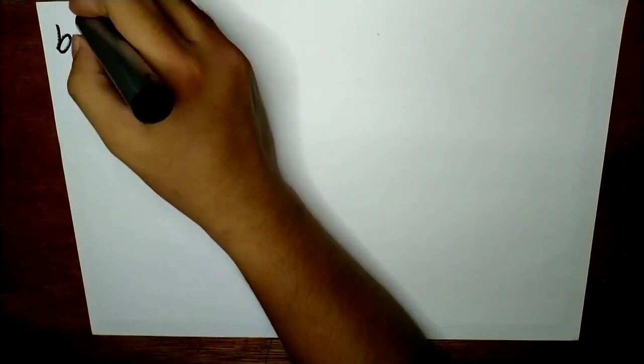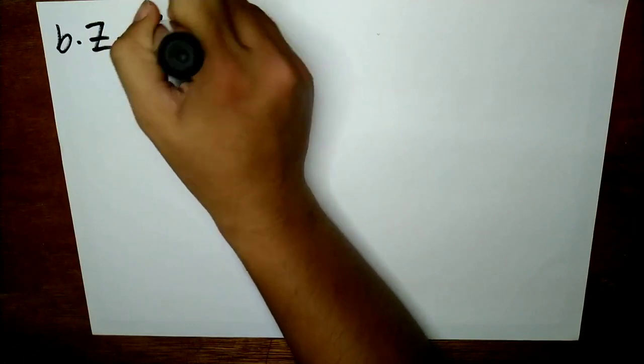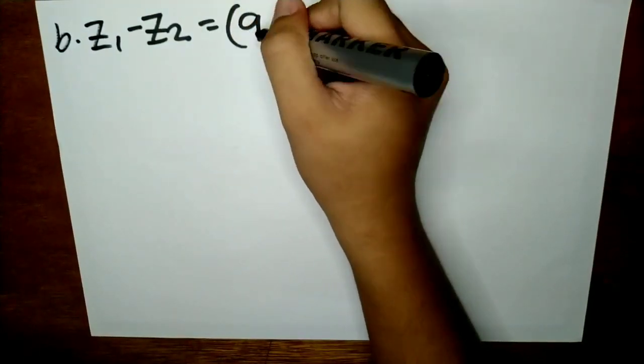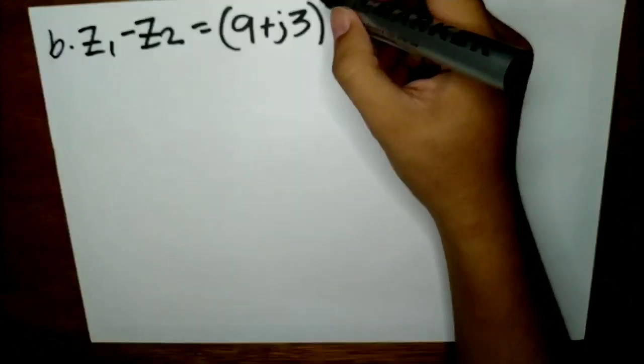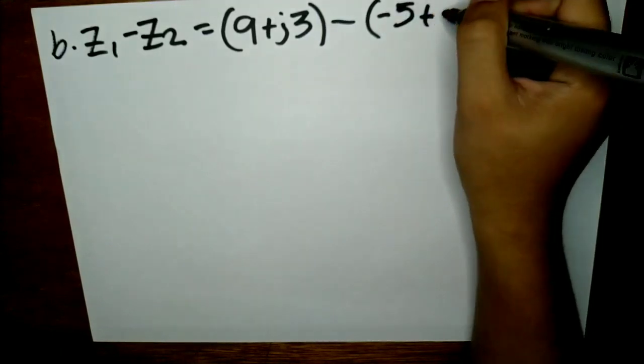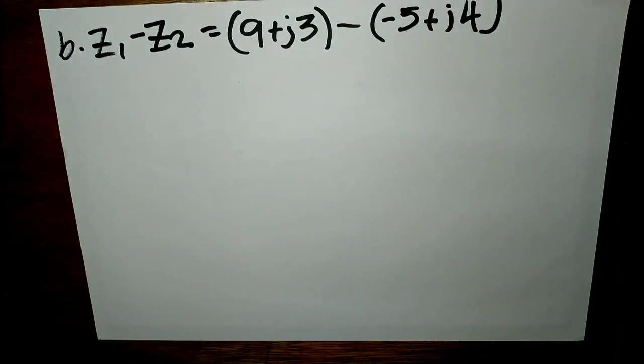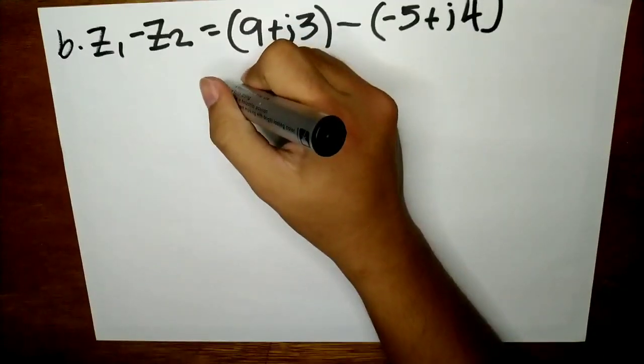So in letter B, guys, the problem is asking for the subtraction. So first, you need to write, of course, the given. This one. Now, following the formula, we need to first, again, separate the real numbers from the imaginary ones.